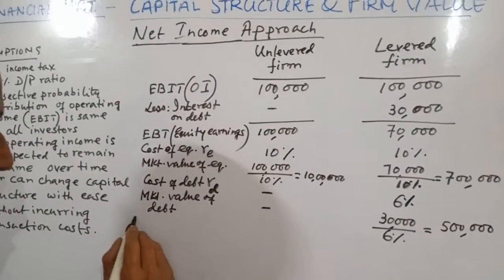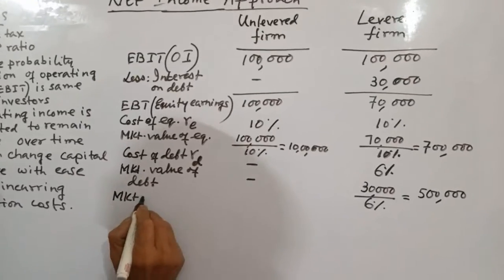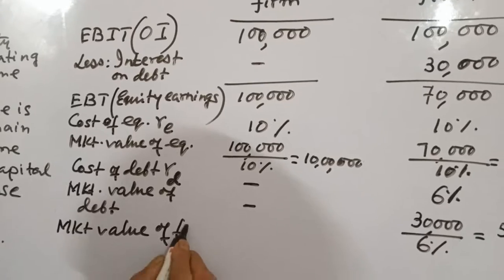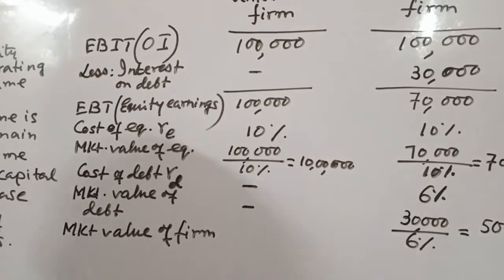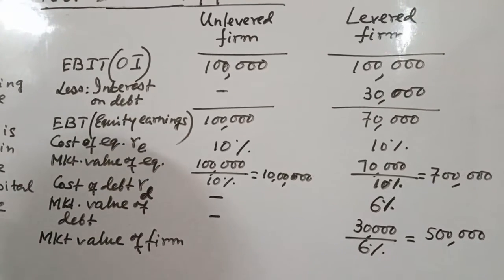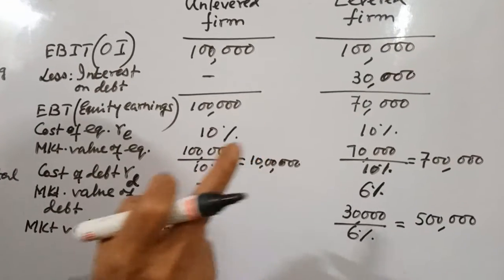Therefore, the market value of the firm is the sum of market value of equity and market value of debt.